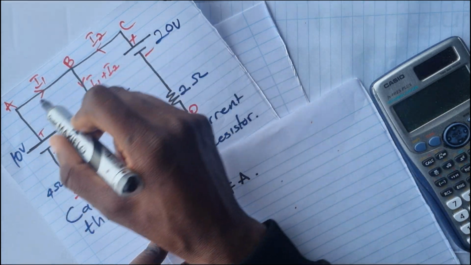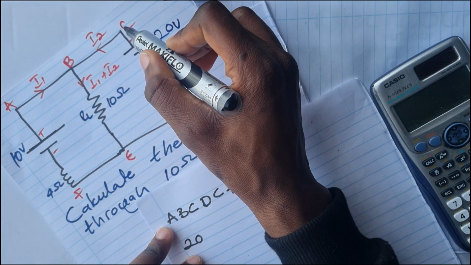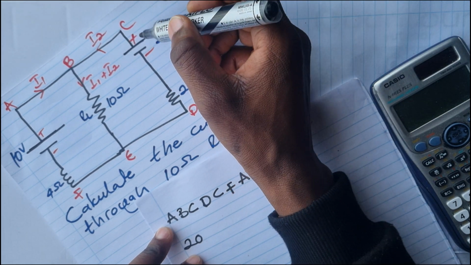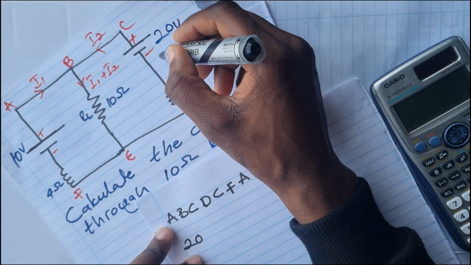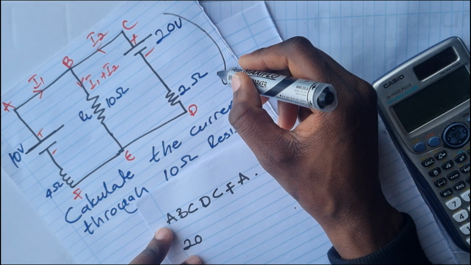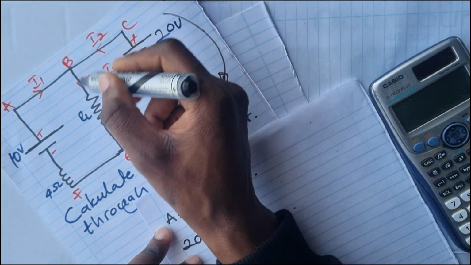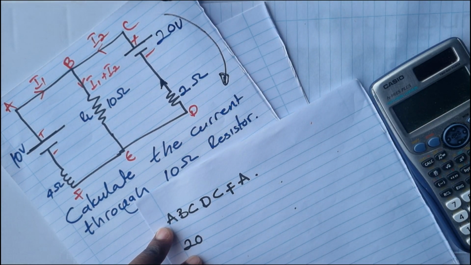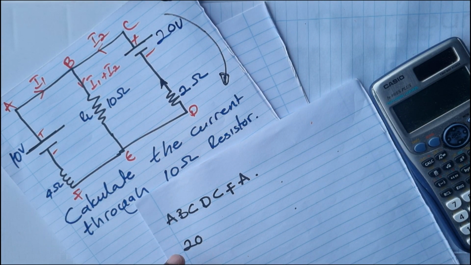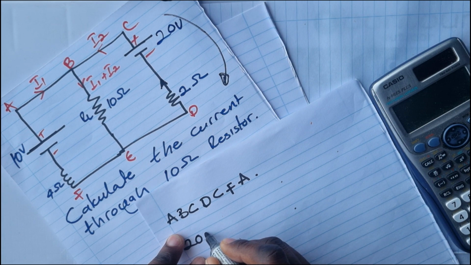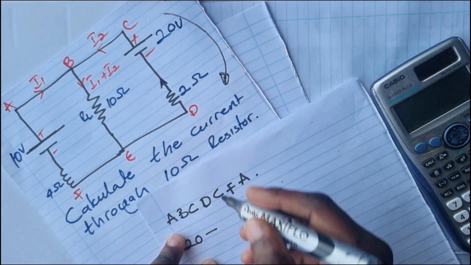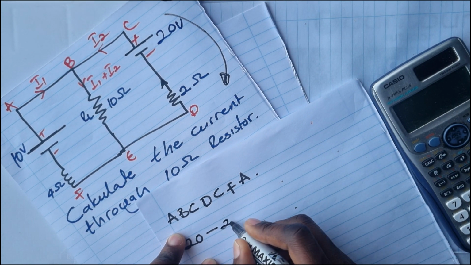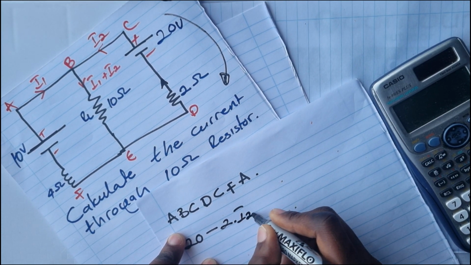Since we are moving from A, B, C, and D, that means here we are going to be moving in this direction. And then our current here is going to be moving in an opposite direction. So if the current is moving in the opposite direction, then the sign is going to be minus. And the voltage drop that we are going to get here is going to be 2I2.